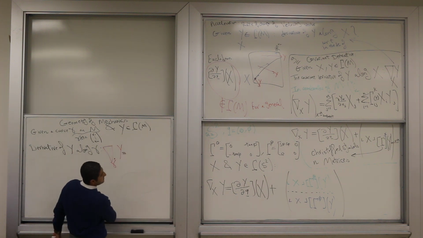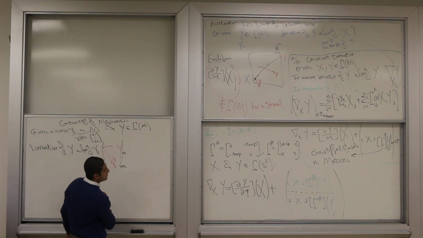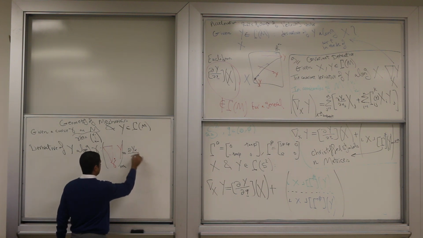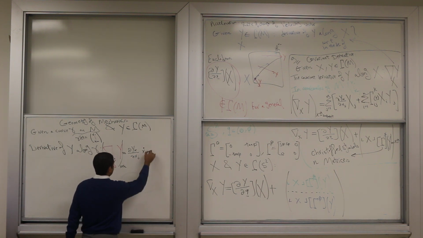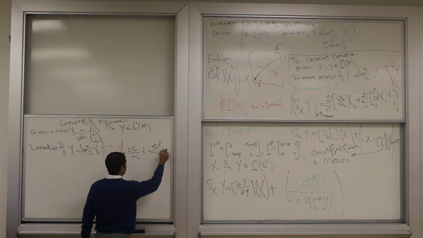So this is the kth component, two terms: partial y k over partial x j times x j dot, plus gamma i j k times x i dot times y j.